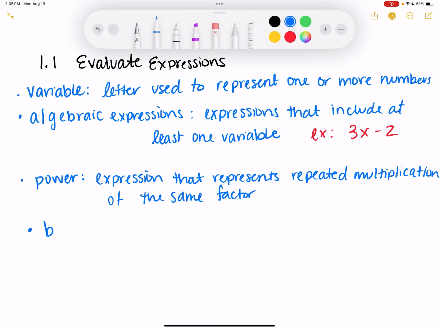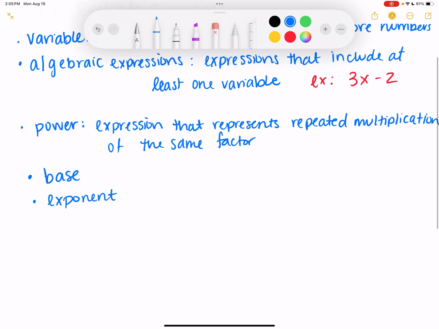We also have the base and an exponent, which are easier to show you with an example.